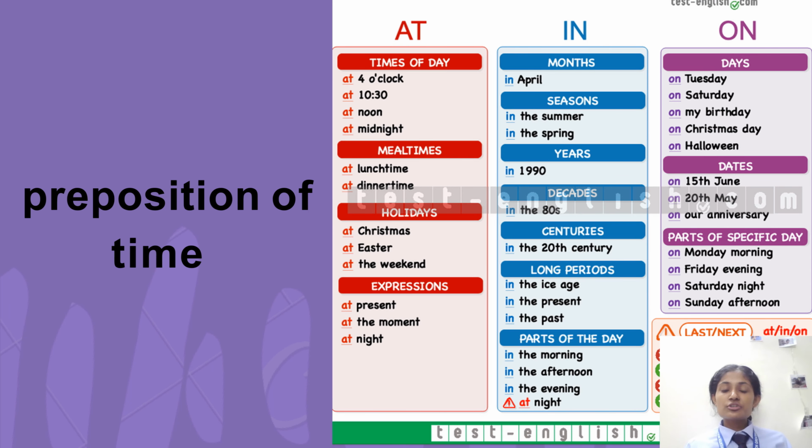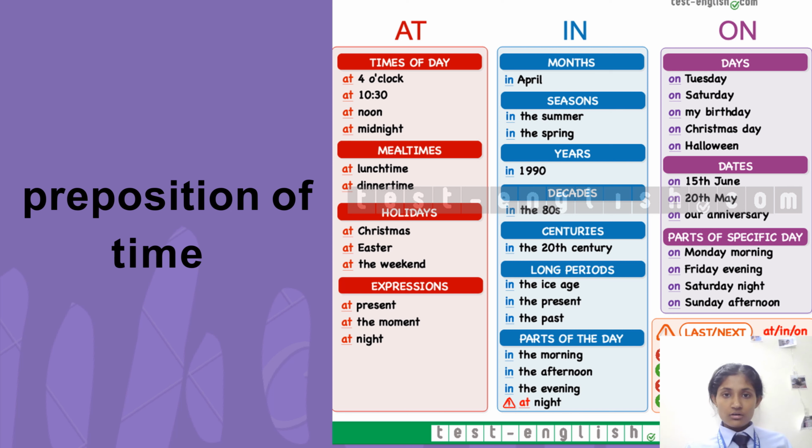Now there's a preposition of time. This is basically something that tells you the time. When you get information about time, that is what? Preposition of time. Now the first one is at. At is when I say the meeting is at 8 o'clock or your lunch starts at 7 o'clock.